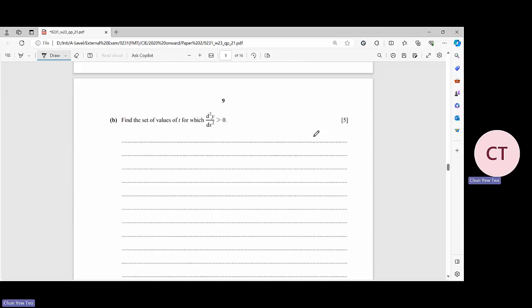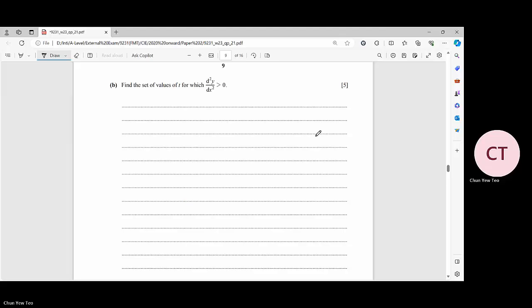Move on, question number 5B. We want to find the set of values of t where the second derivative is greater than 0.